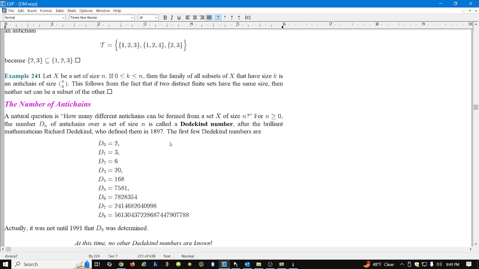And here are the first few Dedekind numbers. And as you can see, they get a tad large. D8 wasn't determined until 1991, so 100 years after Dedekind first introduced this idea. At this time, no other Dedekind numbers are known.